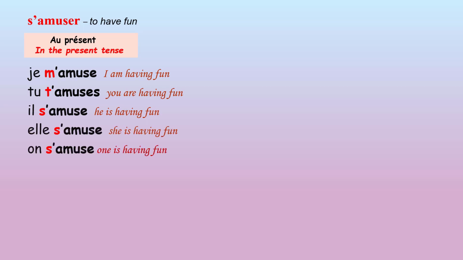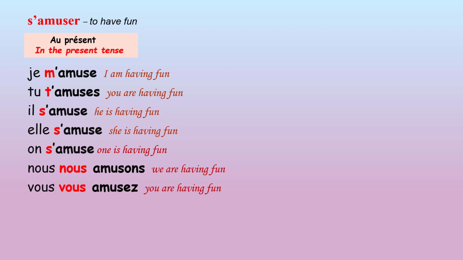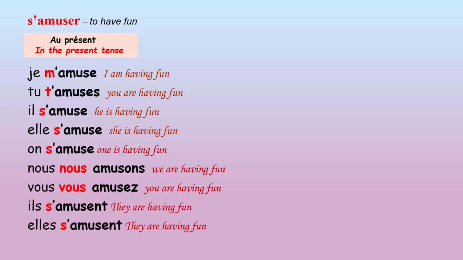Now let's have a look at the conjugation au présent. Je m'amuse, tu t'amuses, il s'amuse, elle s'amuse, on s'amuse, nous nous amusons, vous vous amusez, ils s'amusent, elles s'amusent.